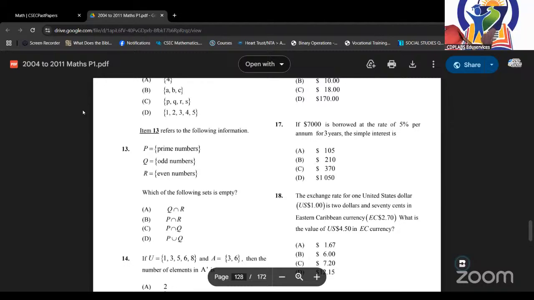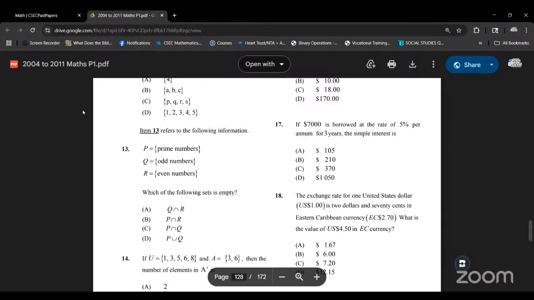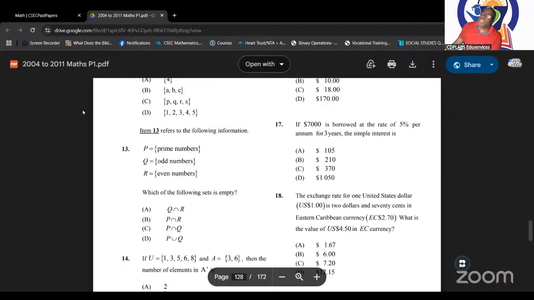What is the shortest way you could find this now? Just multiply across then divide by 100. That's how you learn it in school.